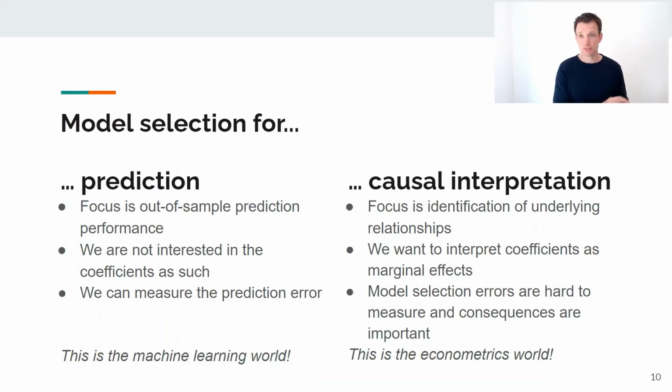In a hedonic pricing model, you are in a causal interpretation context where you are interested in saying, okay, that attribute of the house contributed that much to the overall price. So the problems look very similar, but they are fundamentally different in terms of the objective we want to achieve. I think that needs to be really clear before you make any decision about the model selection strategy that you are taking.